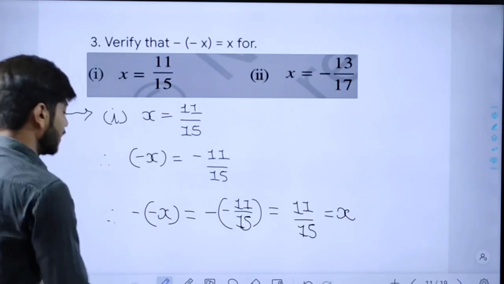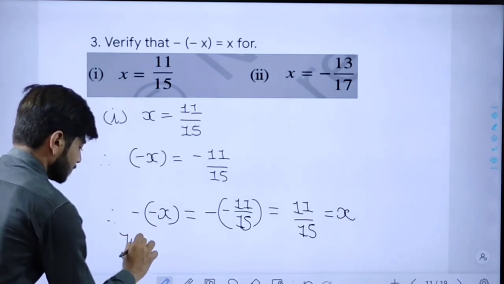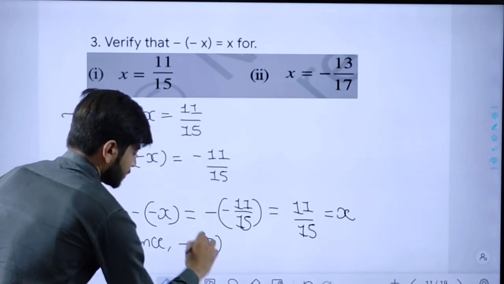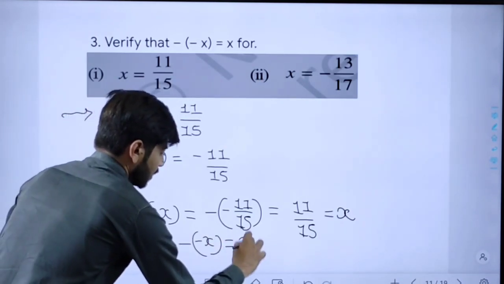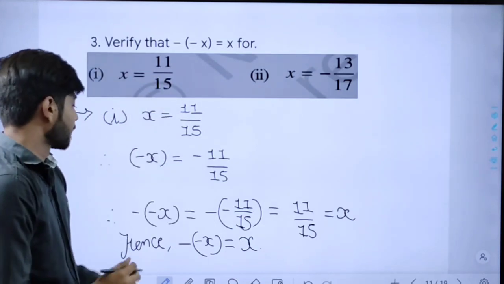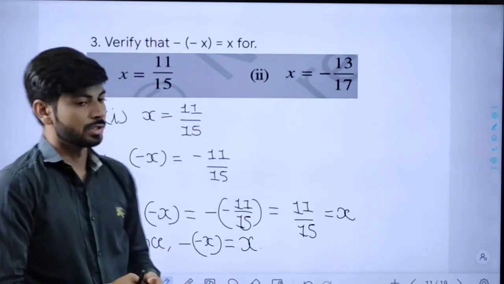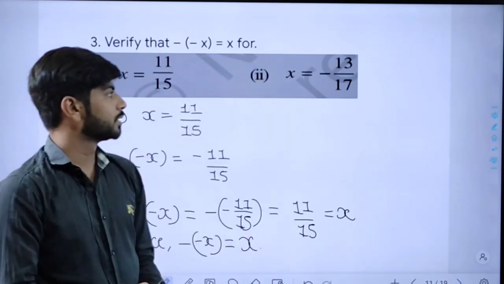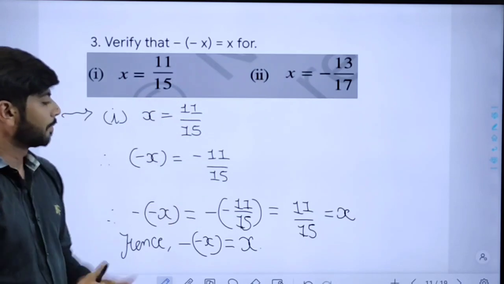So what will we write? Hence minus x is equal to x. Okay, so it is verified. We get the same question as the answer. Okay, so you have to do the second with this method.